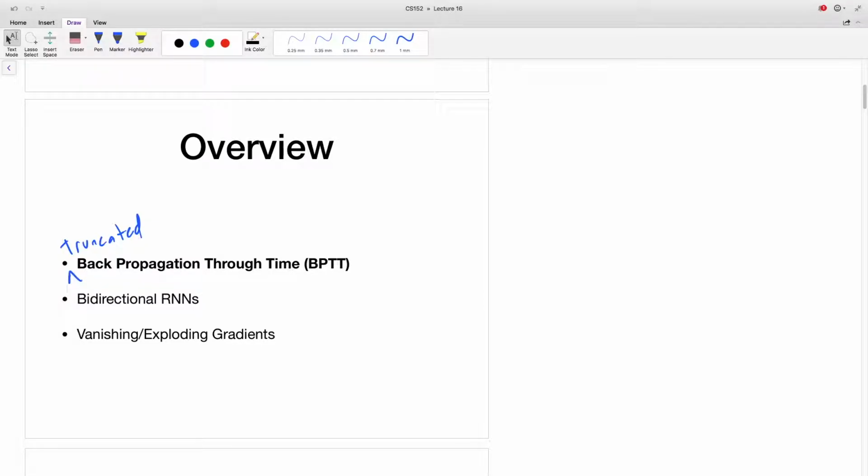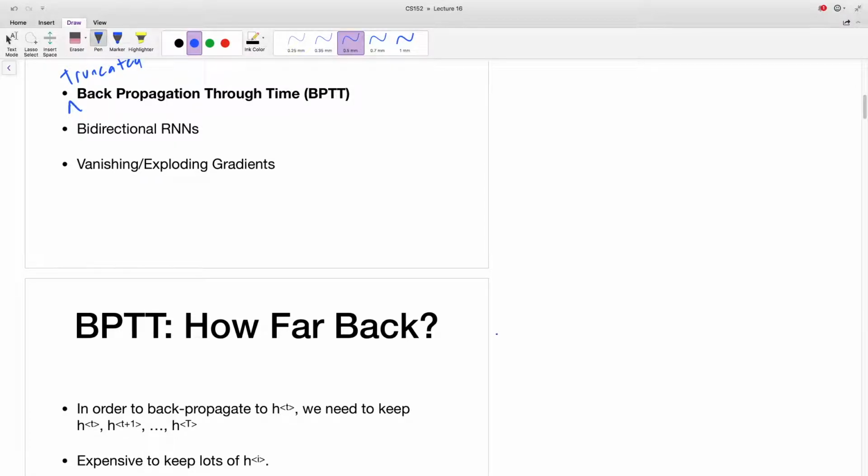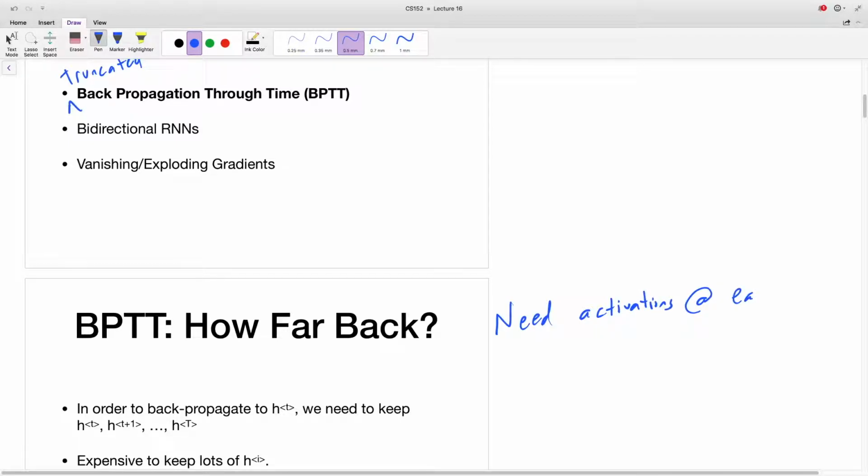Otherwise, we'd have to do a ton of recalculations. So we need to keep each of our activations at each time step during the forward pass, in order to do the backpropagation effectively.